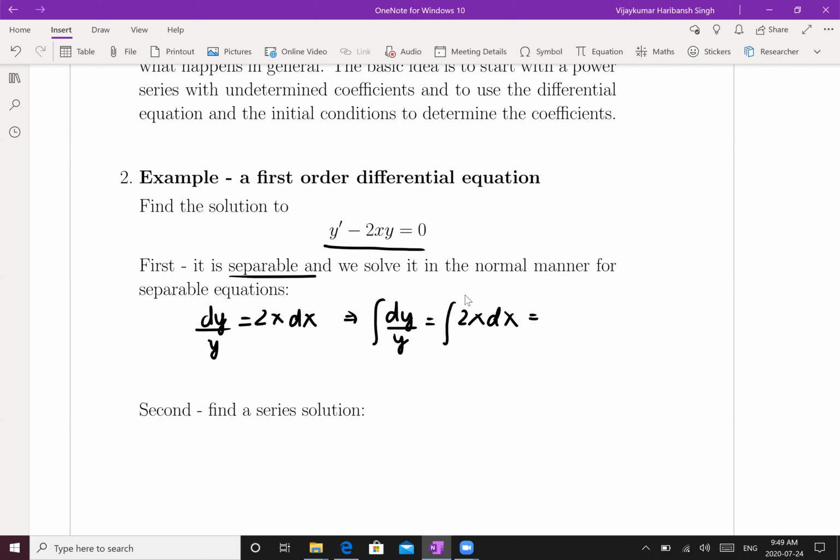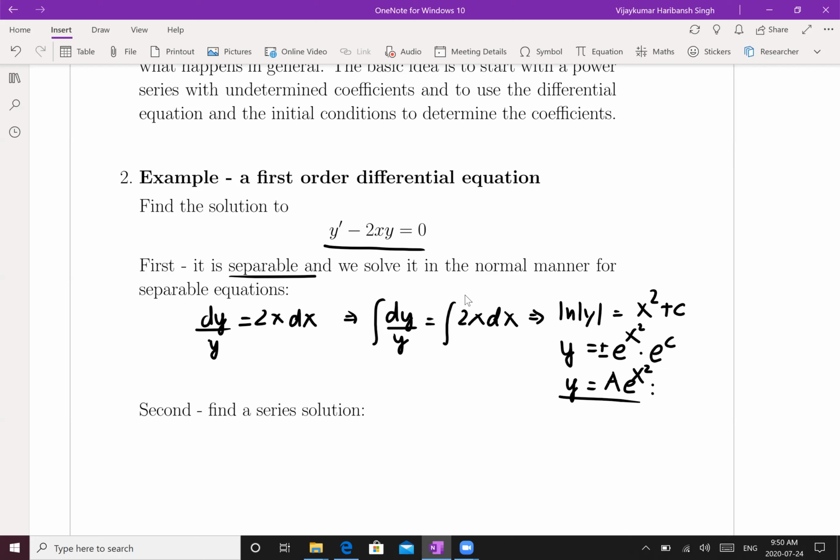And this gives me ln of the absolute value of y equals x squared plus c. Then when you bring y to the other side, you get y equals e to the power x squared times e to the power c, with a plus or minus sign, of course, but we can observe that as a constant A times e to the power x squared. So this is your solution.